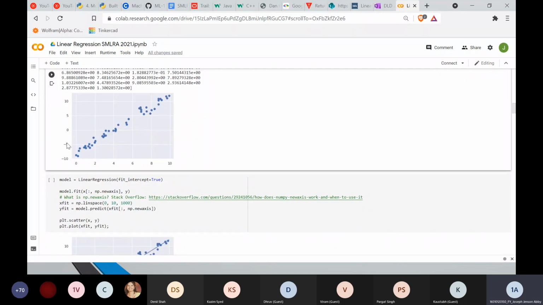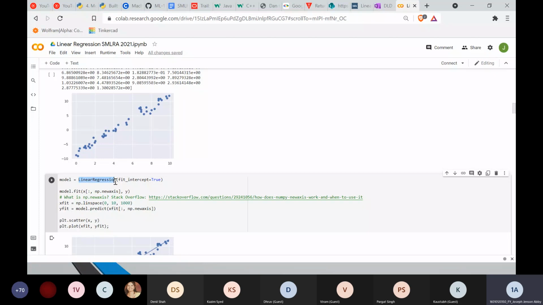Our job is to find the linear regression line. So we'll have this data. You don't need to worry about plotting the data. We'll have this data from surveys or from anywhere. We need to find the linear regression line. So we have used the sklearn library, and from sklearn we have imported LinearRegression.